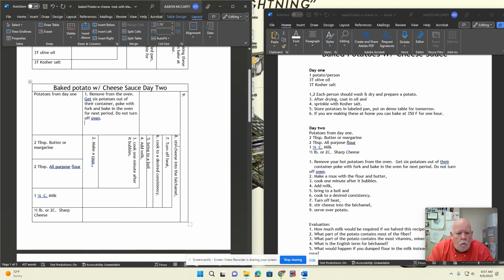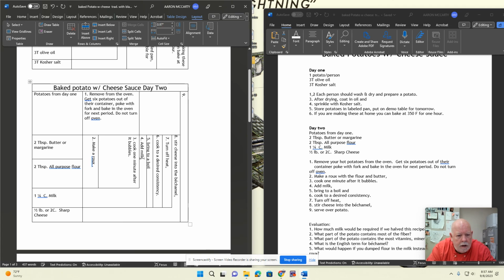So why is the word cheese and bechamel here when the word cheese is here? Because I need to specify what's going into what. I could probably just as easily say mixed together. But since it's here, stir cheese into bechamel, it's okay to list these again.